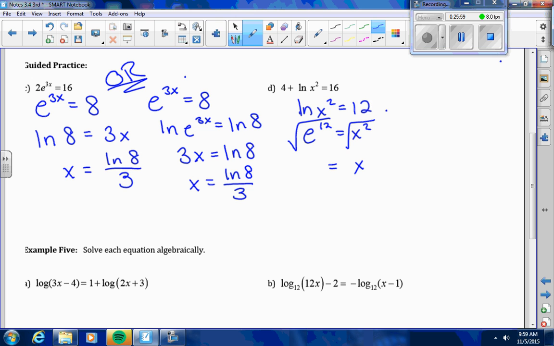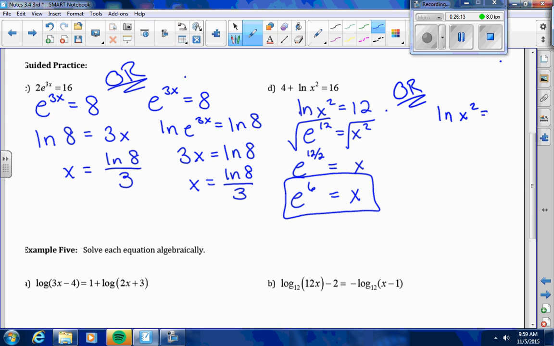And x equals e to the 12 divided by 2 power, which is x equals e to the 6th. Or the other method, we're at natural log of x squared equals 12. I could bring the power in front. So 2 times natural log of x equals 12. Divide by 2. So natural log of x equals 6. And then e to the 6 equals x.